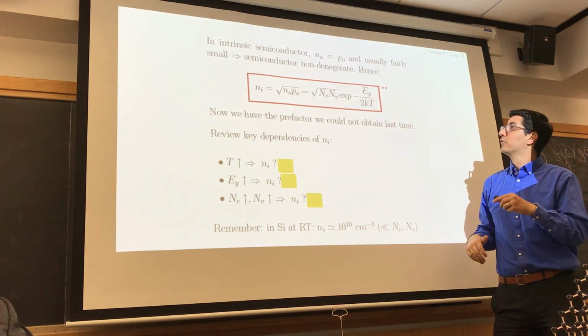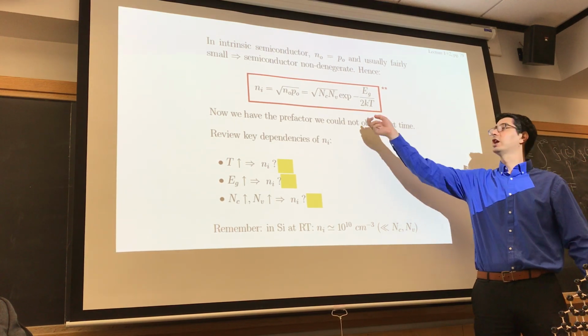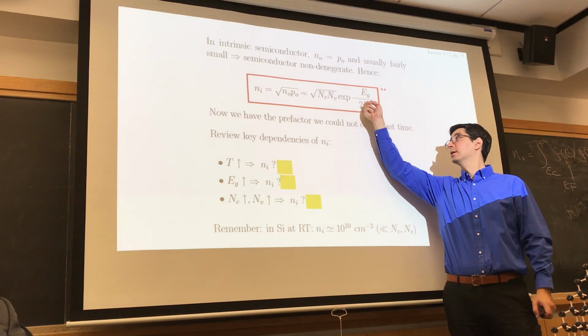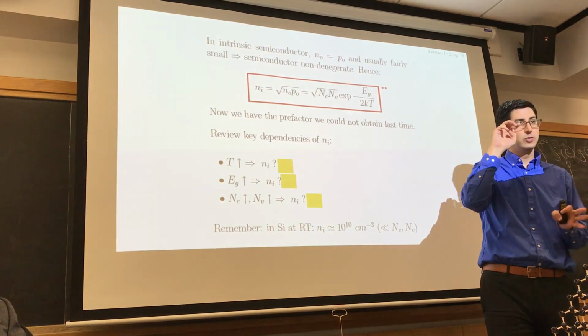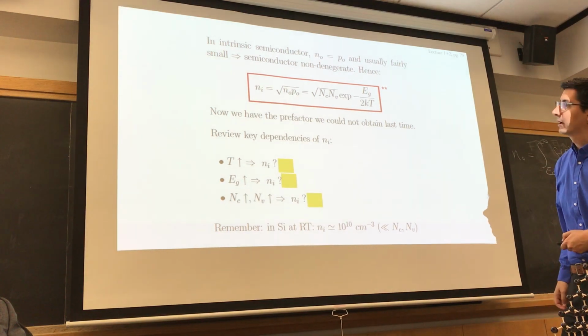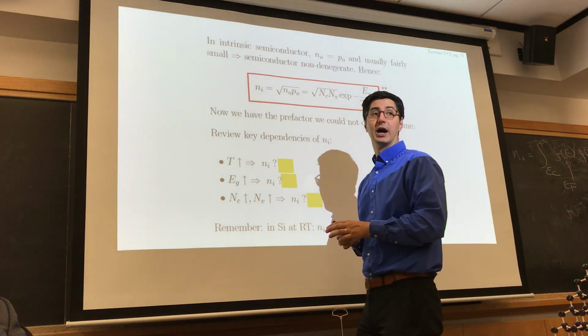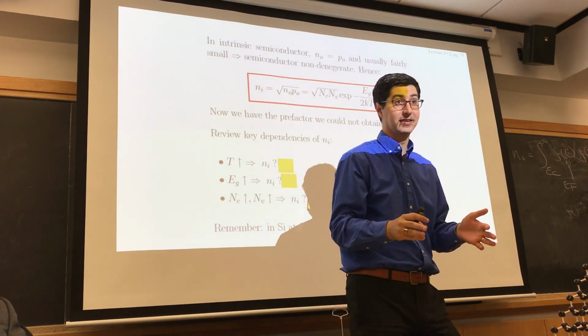Okay? For a given semiconductor, Ni is not going to change unless I change the temperature. The band gap basically stays constant. It changes a little bit with temperature, but not by much. Okay? So we had already discussed this before. Ni, just to remind you, we've got a lot of variables in this class.